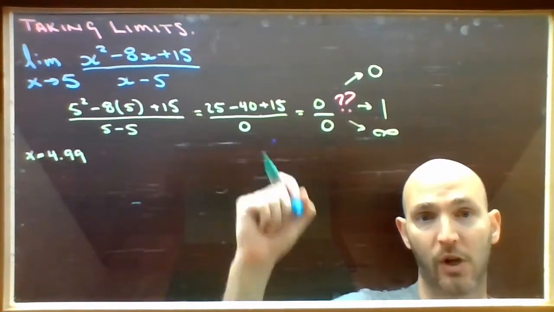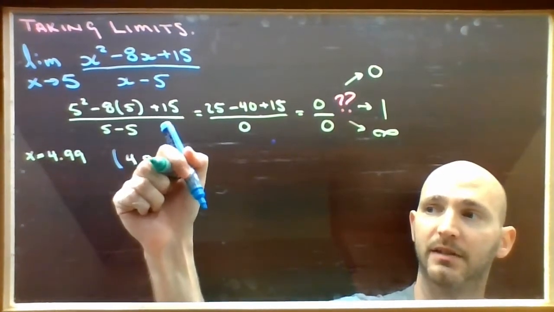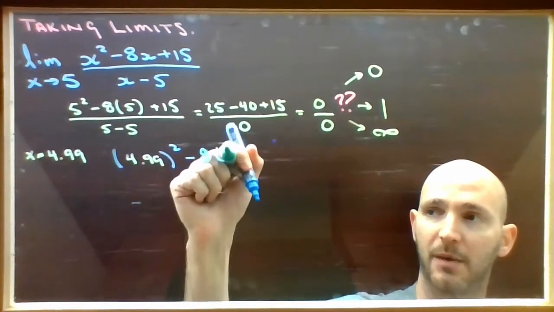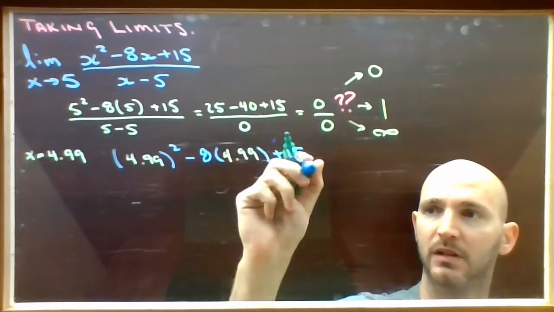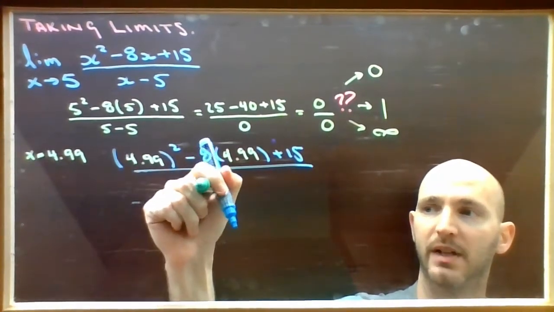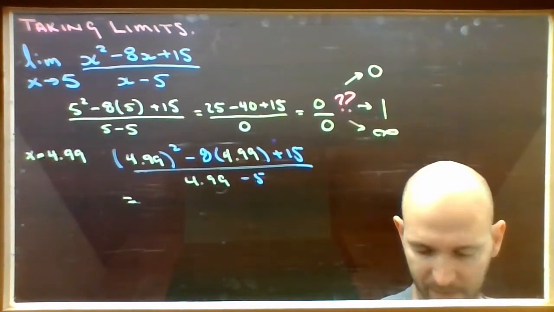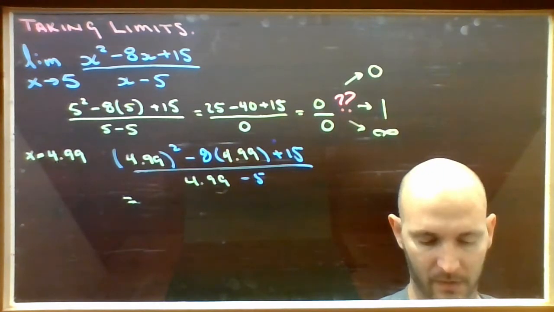In order to work out the value of that, I would have to take 4.99 and square it, minus 8 times 4.99 plus 15, and divide it by 4.99 minus 5.